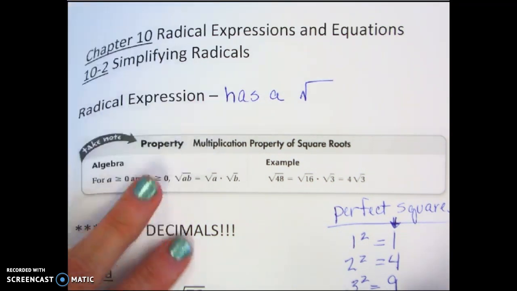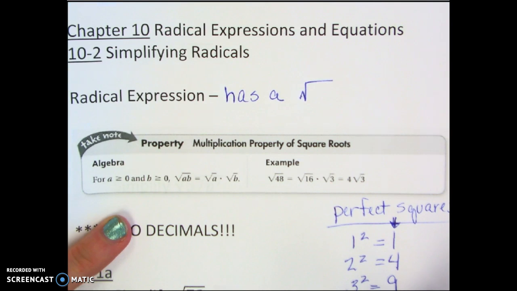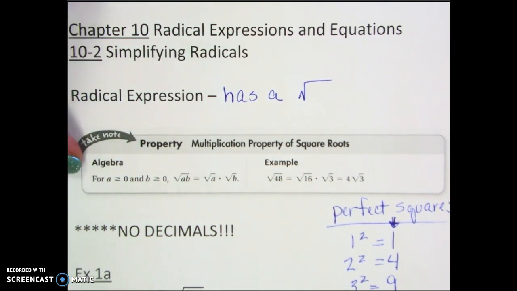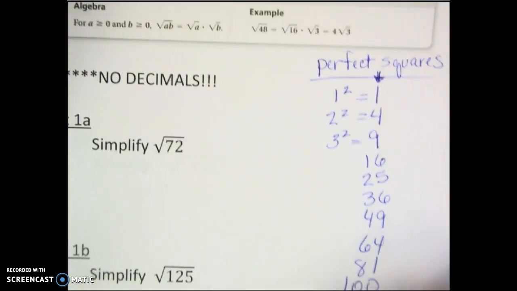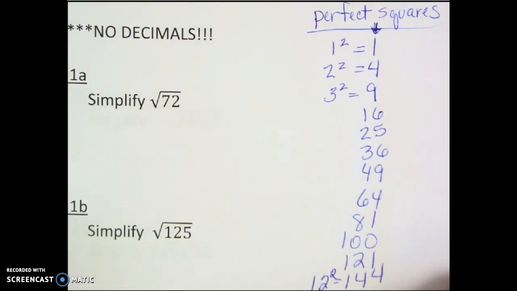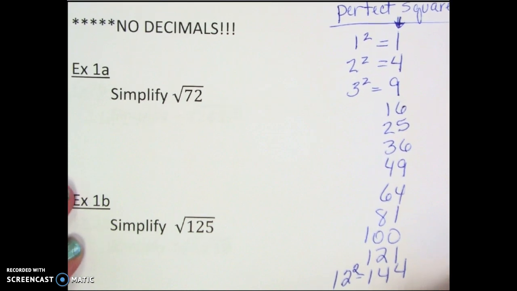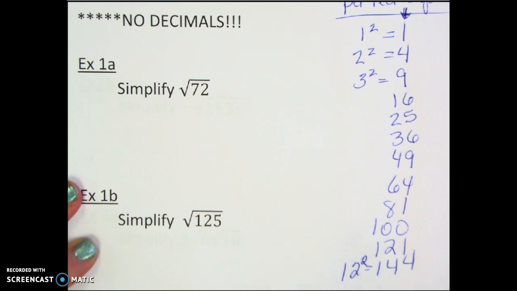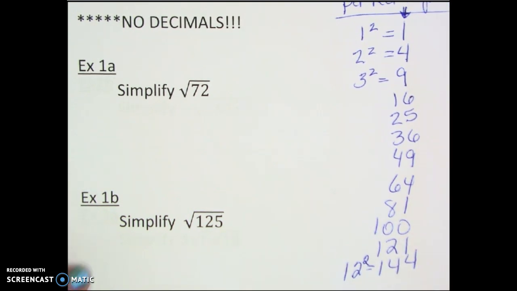I'm not going to keep going with figuring out how we get these, but 25, 36, 49, and probably up to 12 squared would be sufficient for what we're doing. Okay, now there may be some that go to like 15 squared, but you can always use your calculator to try and find those perfect squares.